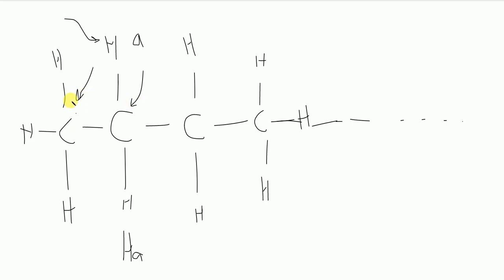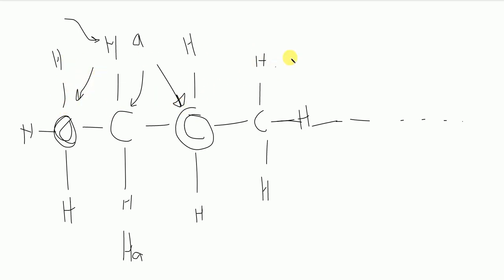This carbon is unique and has hydrogens that are unique on it. And I look at this carbon over here, it has hydrogens that are unique on it. So I have two unique hydrogen environments over here and over here, and I need to calculate the split value for each, right?